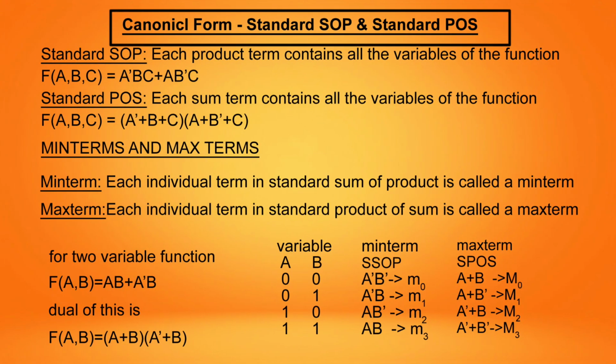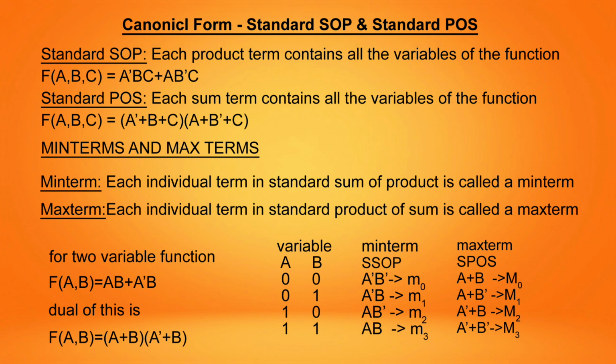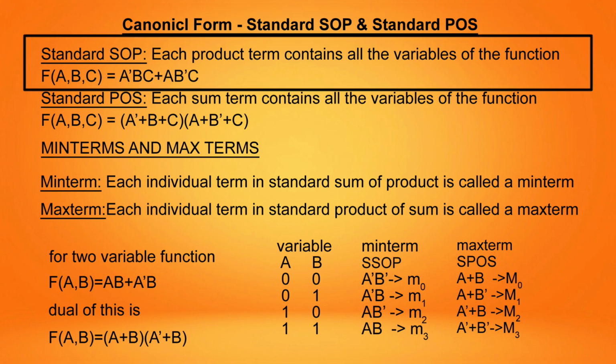Canonical form, standard SOP and standard POS. If you want to represent any Boolean expression in terms of canonical form, you have two forms in that: standard SOP form and standard POS form. Standard SOP.